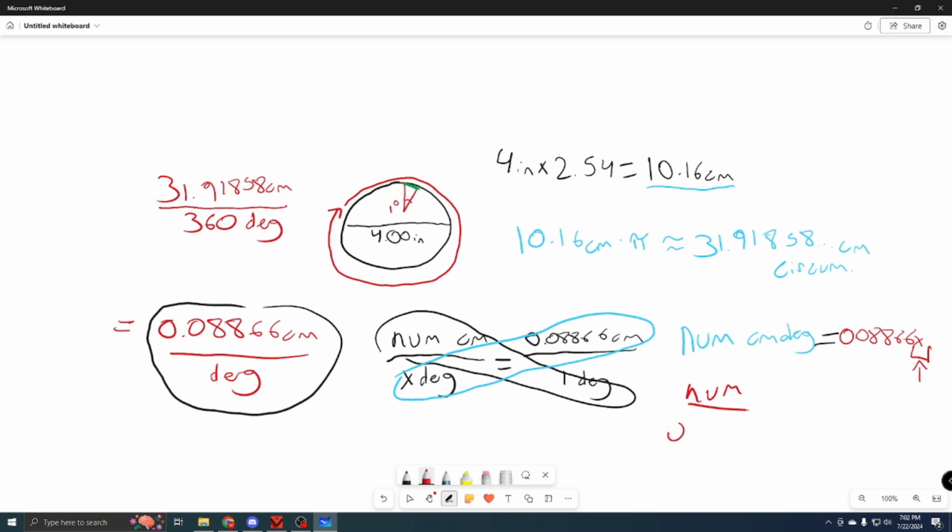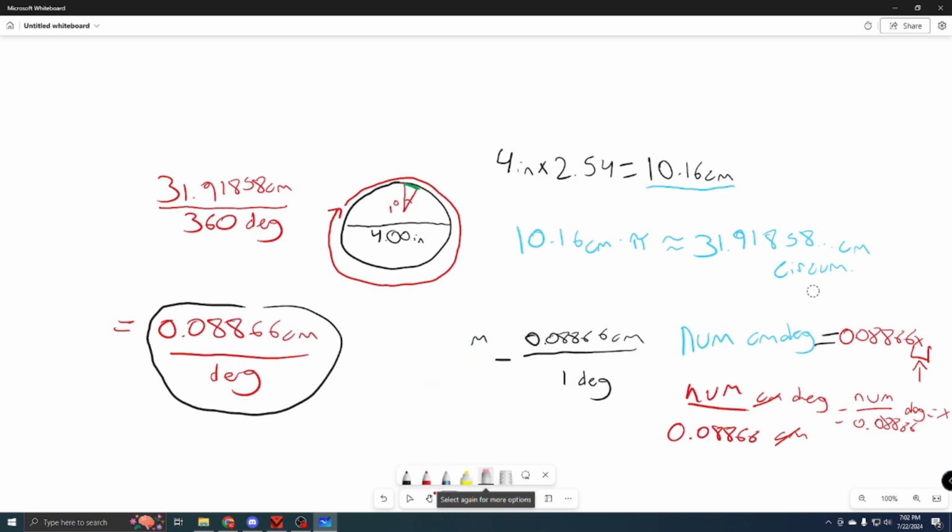We divide this number by 0.08866, and so that is centimeters per degree, and the centimeter units will cancel out, and you get number divided by 0.08866 degrees equals x, and that works because we need x in terms of degrees.